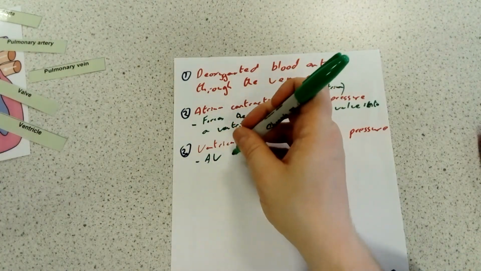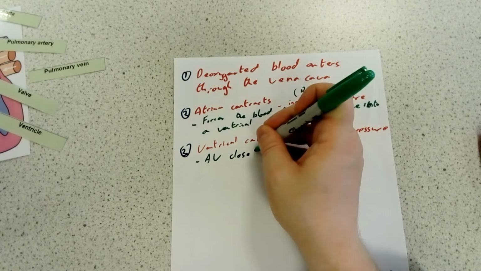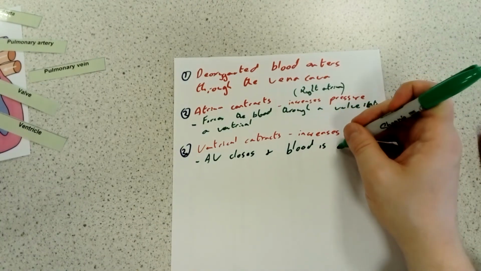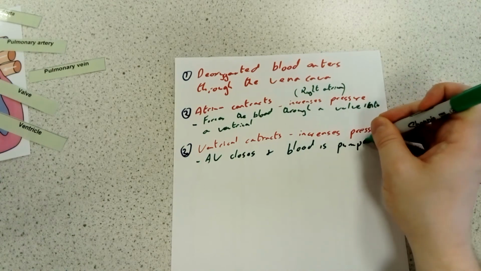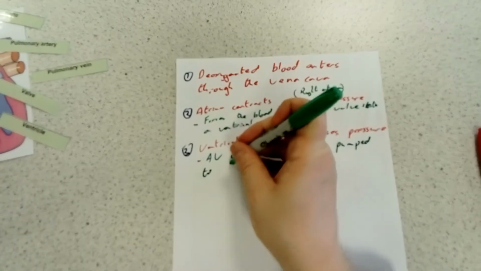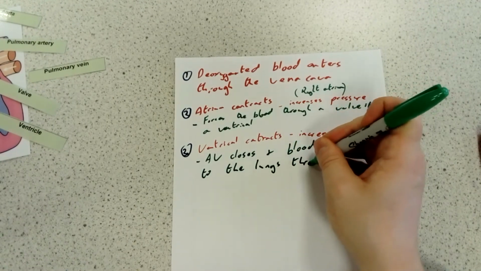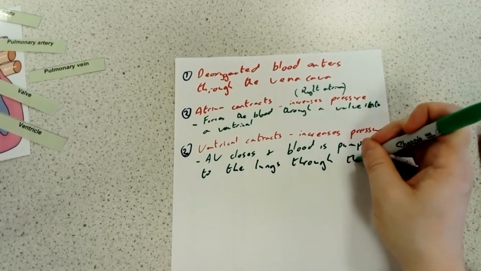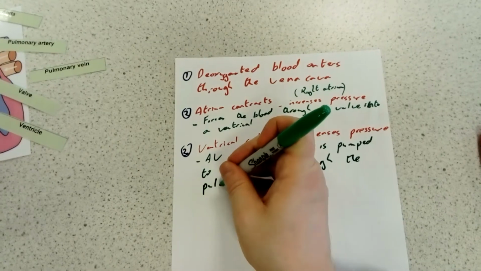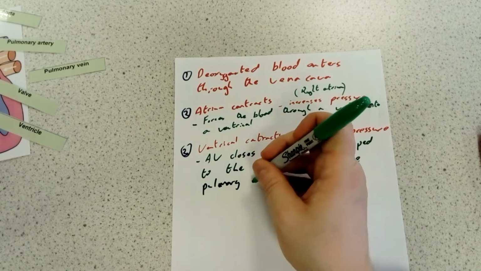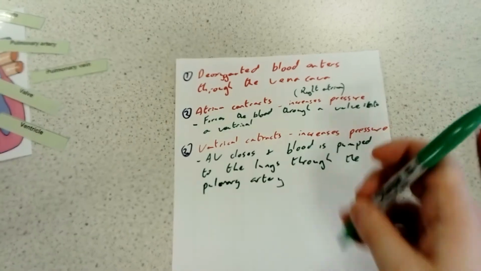So your atrioventricular valve closes, and the blood is pumped to the lungs through the pulmonary artery.